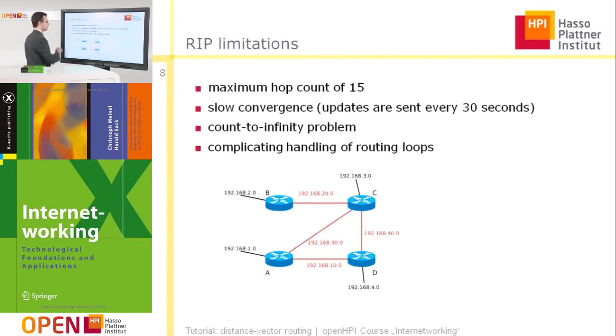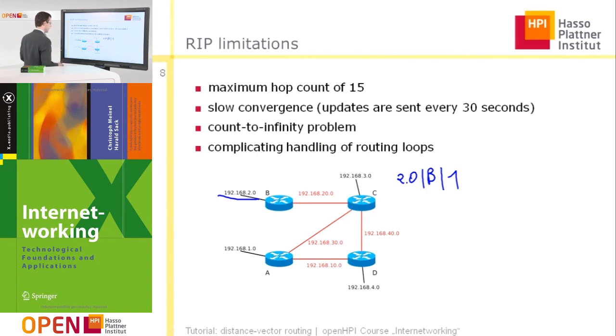Let's see it in an example. Let's have a look at which information is stored about this network on routers C and D. So C has information about this network 192.168.2.0 through router B with hop count 1.